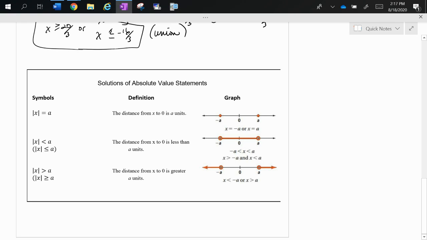And if the absolute value of x is greater than or equal to a, that means the distance from x to 0 is greater than a units. So in order to be greater than a units, you must be on the outsides of a or negative a, which means we have our or compound inequality.